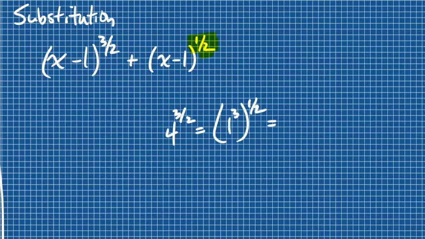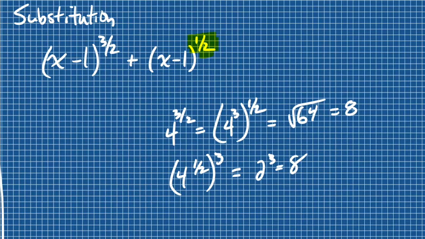That means 4 cubed to the 1 half, or it could mean 4 to the 1 half cubed. 4 cubed to the 1 half, 4 cubed is 64. The square root of 64 is 8. 4 to the 1 half is 2. 2 cubed is 8. So either way I do it, it should leave me in the same place.